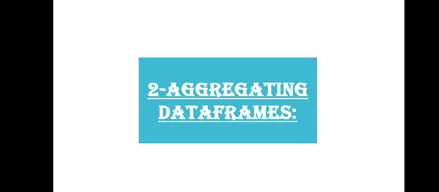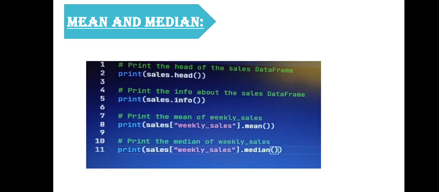In the second chapter, aggregating data frames, we will see mean and median. Print the head of the sales data frame, type print sales.head(), then print the information about the sales data frame, simply type print sales.info instead of head, then print the mean of weekly sales.